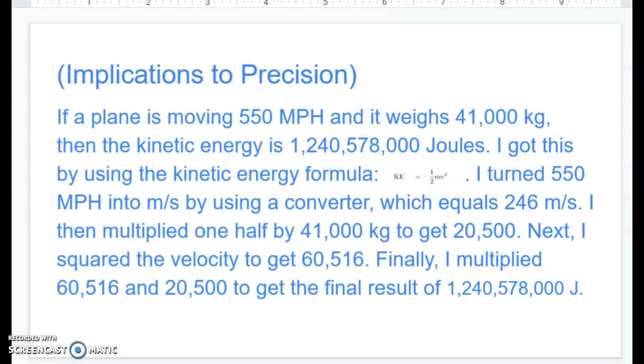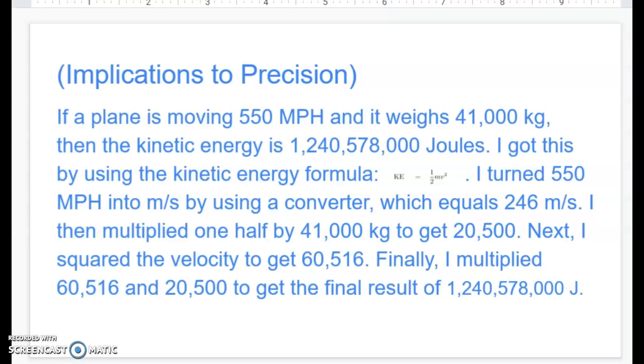I also searched up how fast a plane moves, and I got around 550 miles per hour. And my answer was 1,240,578,000 joules. So now I'm just going to get into how I got that answer.